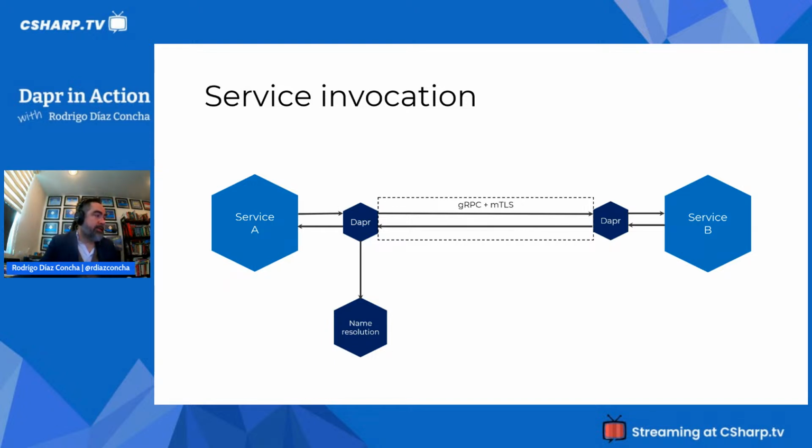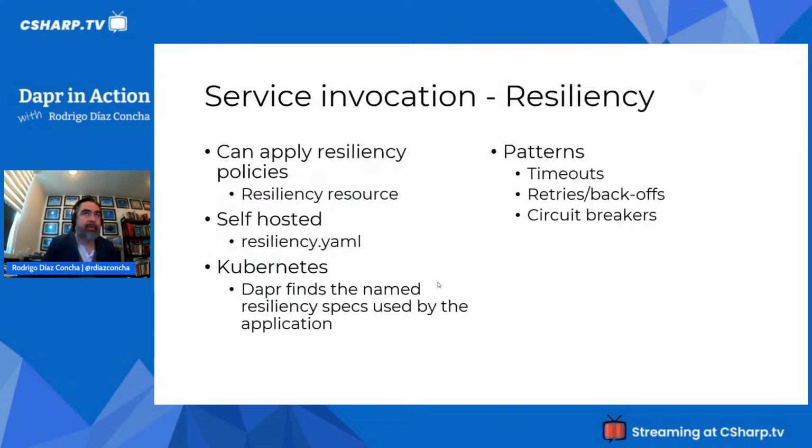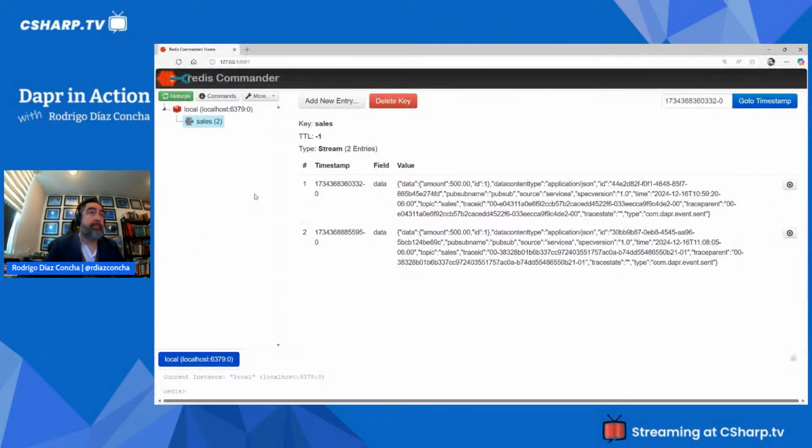Perfect. So now let's see if we can create a resiliency policy. I want to show you this thing, the resiliency policy. So let's go ahead and open, I don't remember the schema, of course.